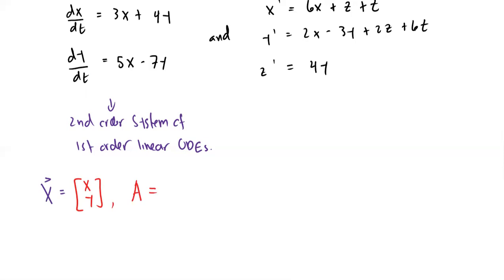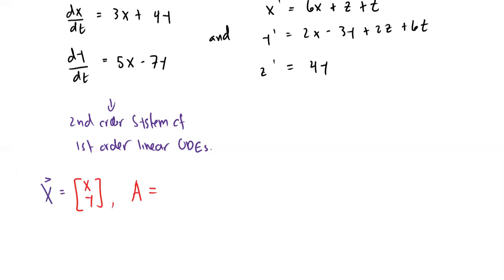And when I'm just using x and y, always order x first and y second. If I'm using x1, x2, x3, etc., then just order them by subscript. So x1 is first, x2 is second, etc. When we're just using x, y, and z, always write x first, y second, and z third.